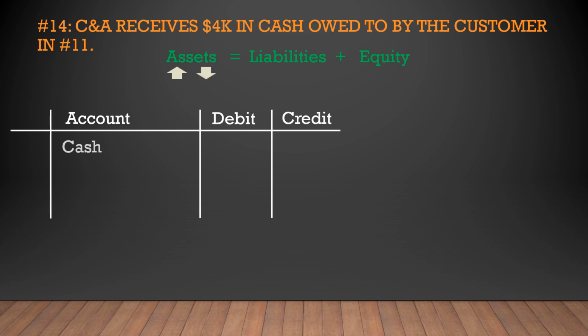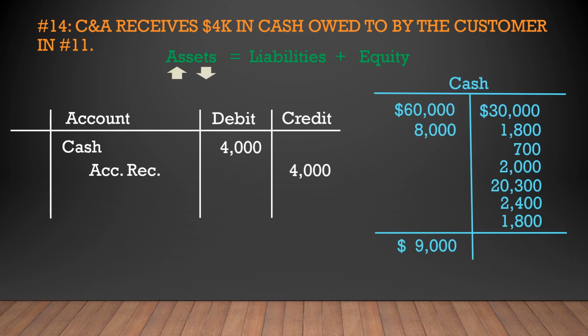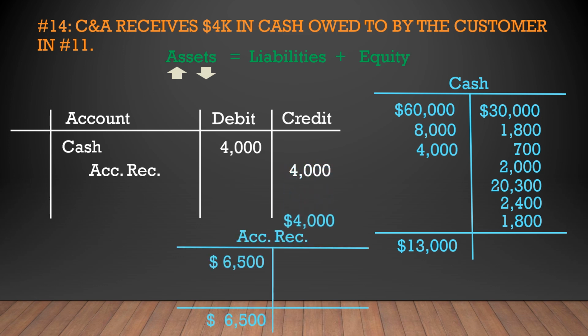Increase cash with a debit, and decrease accounts receivable with a credit. The cash ledger will increase by the amount from $9,000 to $13,000. AR will decrease its debit balance from $6,500 to $2,500.